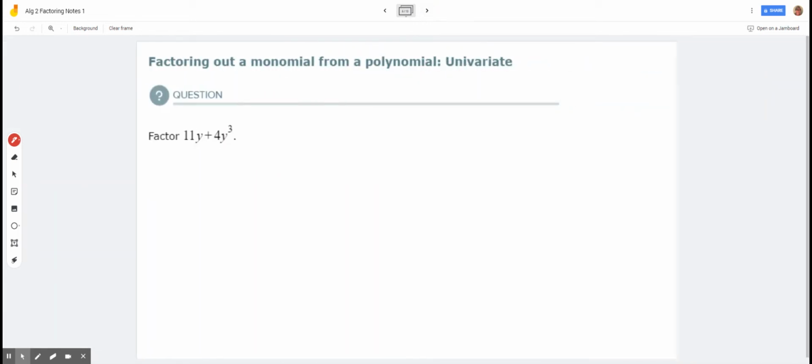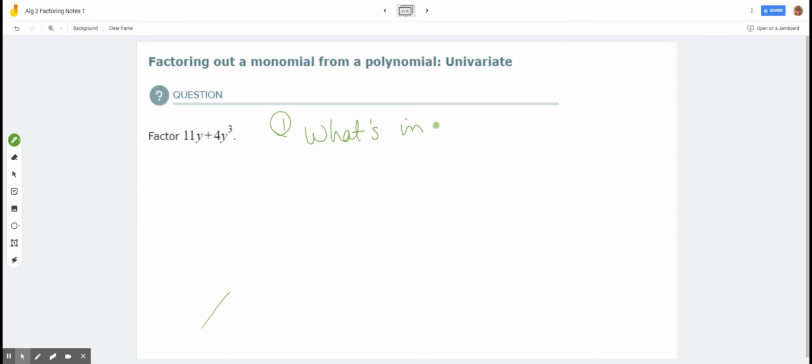Okay, let's try this one. Now you're going to have to factor when there is a variable. So you have to ask yourself, what's in common? This is the very first question of factoring, and I will ask it in that very way: what is the first question of factoring?